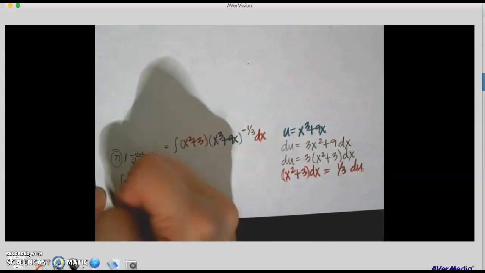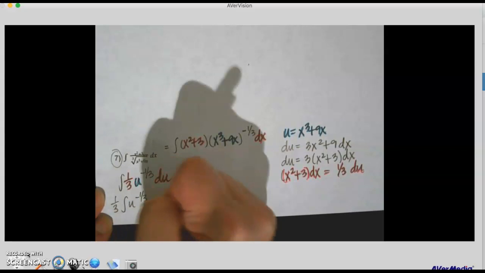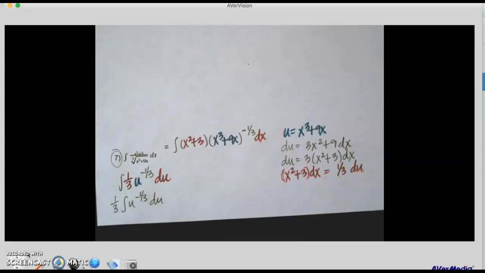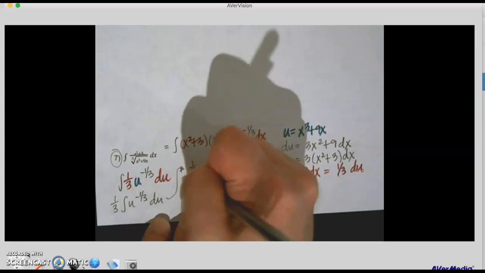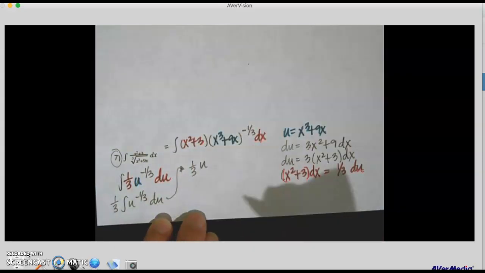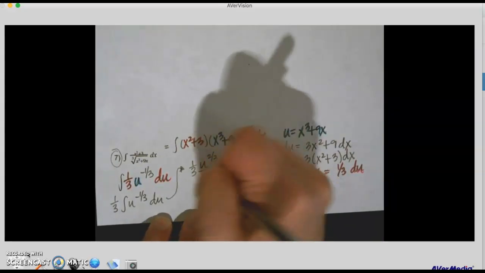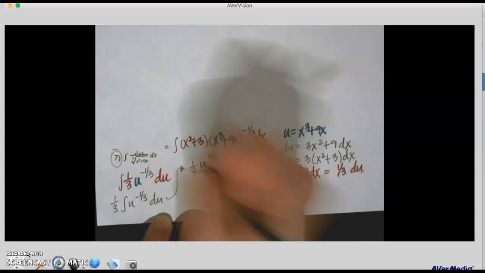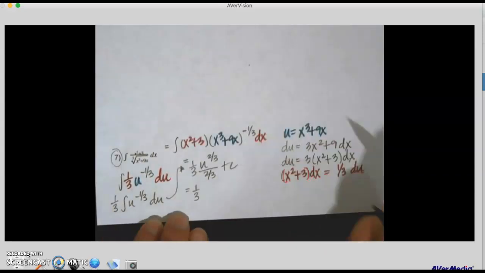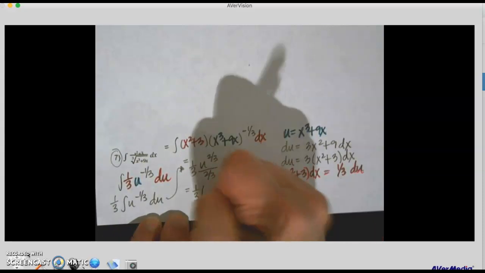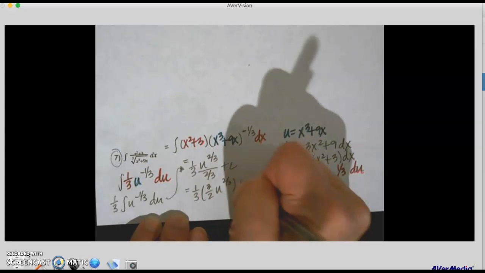Okay, so we're going to do the same process. Take out the constant first, and then apply the integral. So I'm just going to move it up here. So I have 1/3 u, adding 1 to the negative 1/3 is 2/3, divided by 2/3 plus c, so equal sign, equals 1/3 dividing by 2/3 is the same as multiplying by 3/2, u to the 2/3.